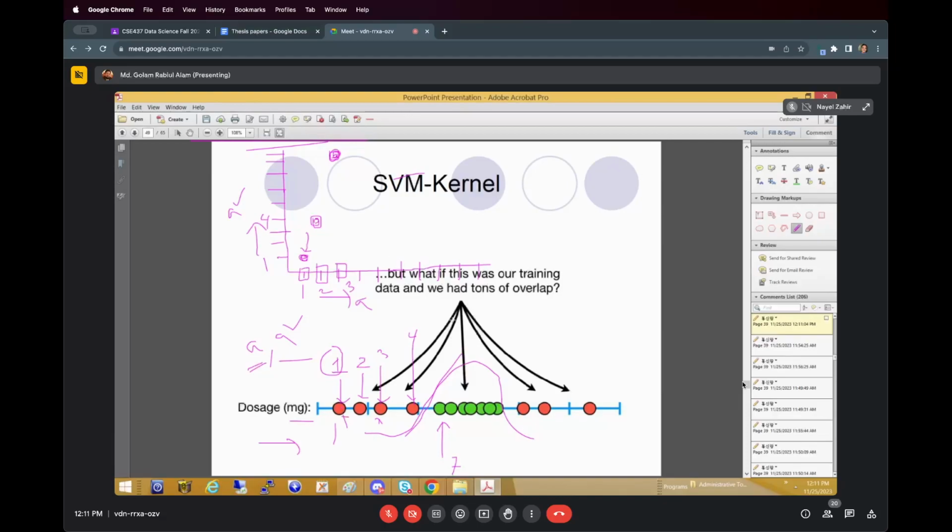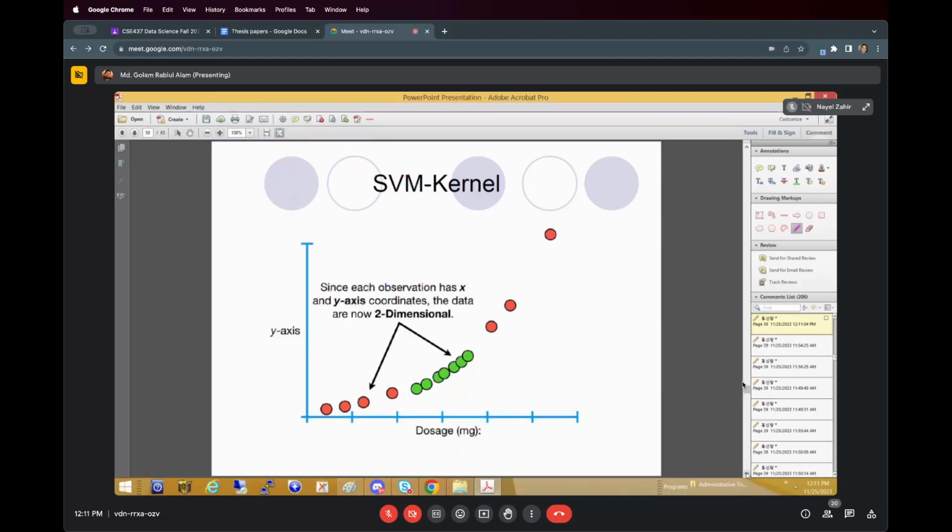So you can see that for this data set, if we apply the polynomial kernel, then we will get the data like this, using d equal to 2 and r equal to half. Okay, 2-degree polynomial, and then we will get the data in this way.